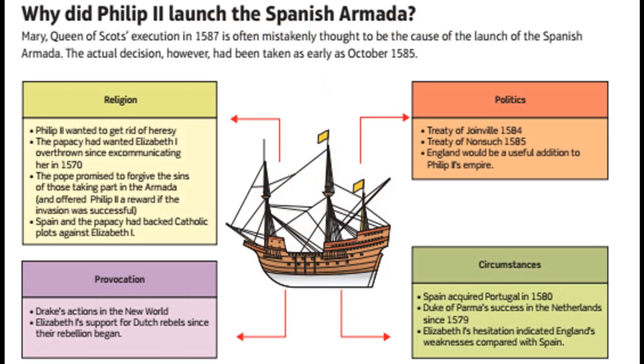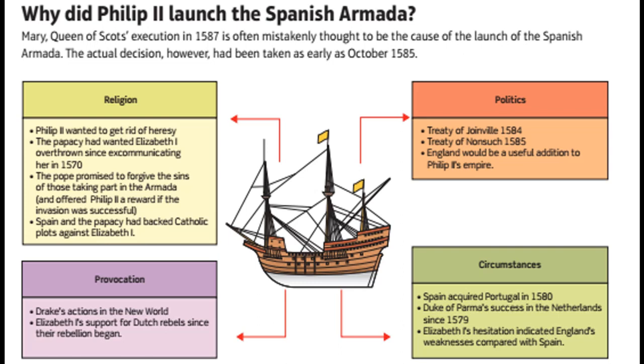You can see the issues of religion that we've talked about for some time, the political problems between England and Spain, the Treaty of Joinville, the Treaty of Nonsuch, the situation between England and Spain in terms of their political rivalry in Europe, the circumstances of the time that the Duke of Parma has troops in the Netherlands, and the fact that Elizabeth seems a little hesitant means Philip of Spain thinks that she is weak.